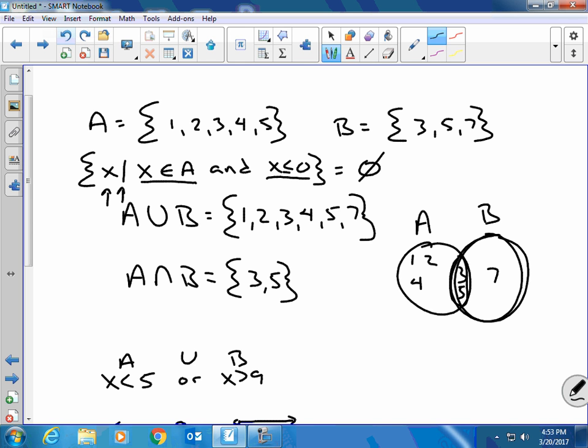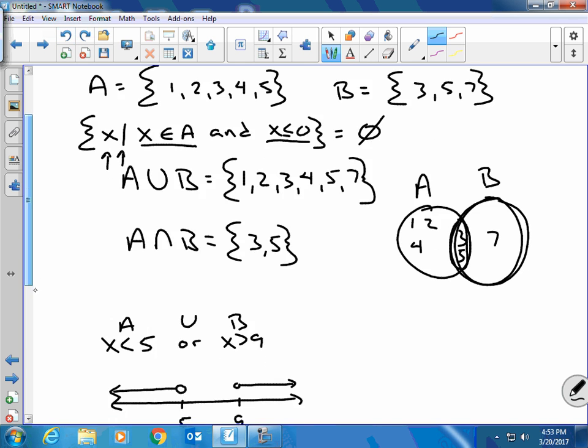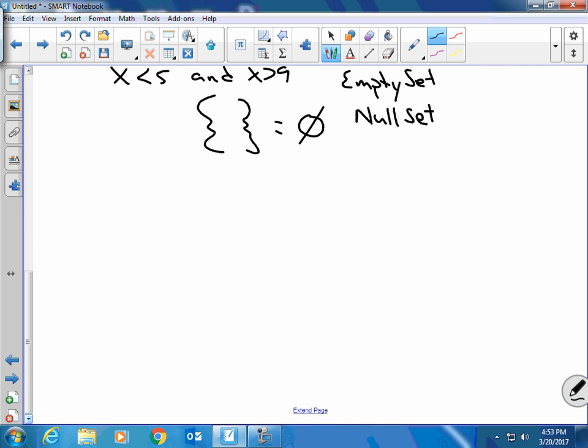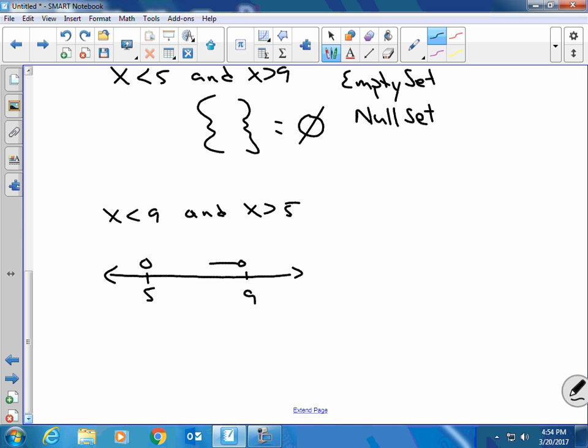All right, sorry, I kind of jumped around on that one. Next thing, let's do another one. Let's say X needs to be less than 9 and greater than 5. That one's going to work. I want X to be less than 9, and at the same time, I want it to be greater than 5.